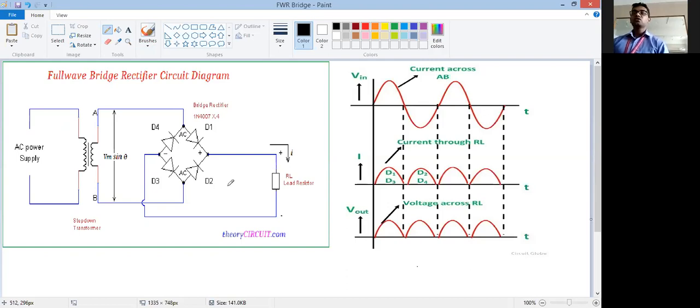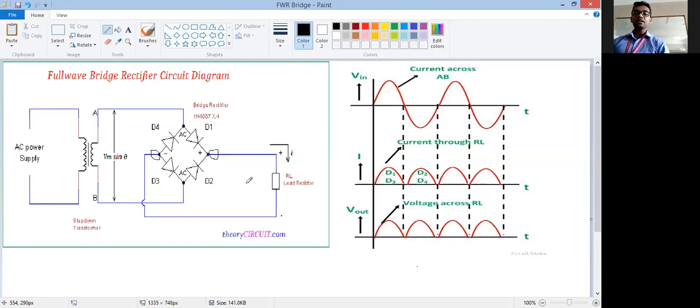If you see the arrowhead, the direction of the diode, if this triangular part is the direction, then all your diodes are pointing from this side to this side. This direction is also towards this side, this direction also towards this side, and this direction of D1 is also this side.